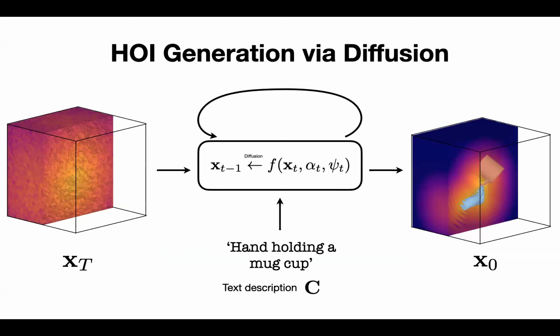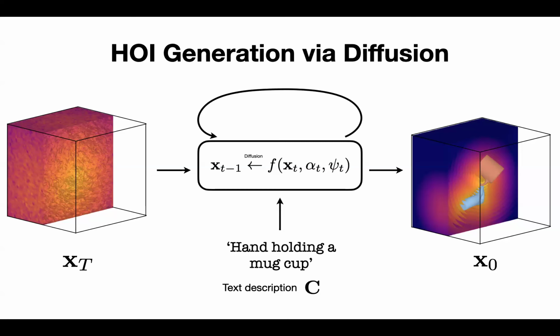Okay, so I think many of you are already familiar with diffusion models. What this diffusion model is going to do is take this interaction grid, which is just filled with noise, and repeatedly call our diffusion function. It takes whatever the noise volume is, estimates what the residual is, and then computes a cleaned-up version of it after multiple steps.